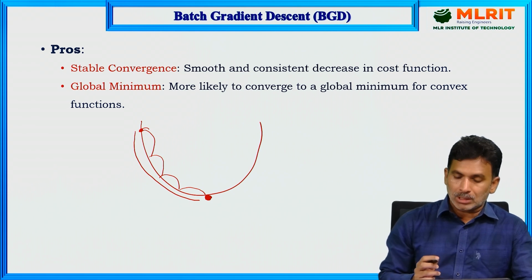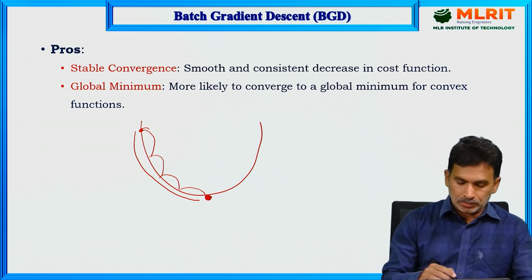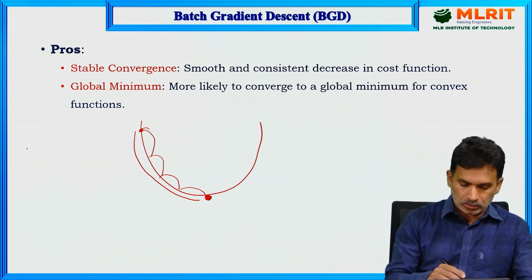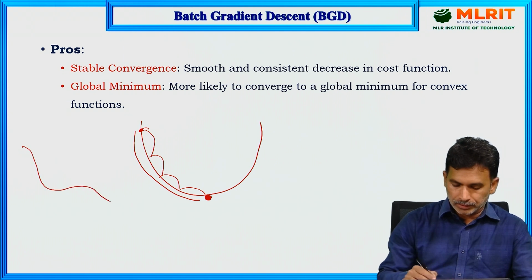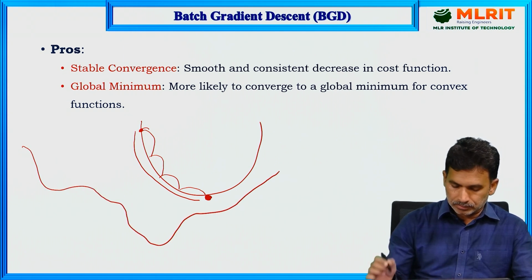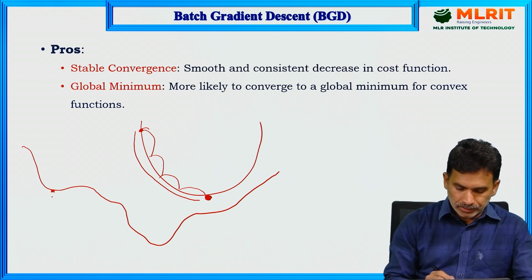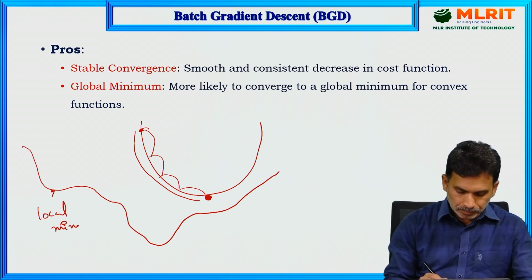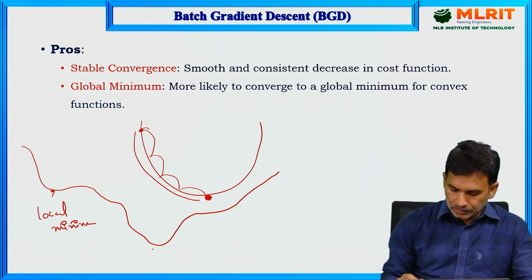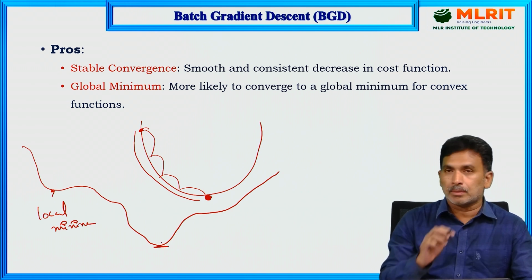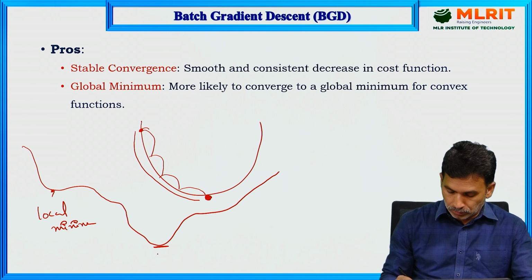Next one is the global minimum. If you take a non-convex curve like this, this point would be considered a local minimum, and this is the lowest point, that is the global minimum.